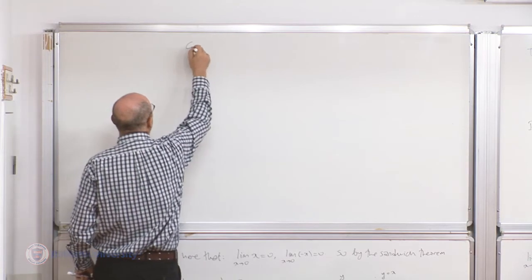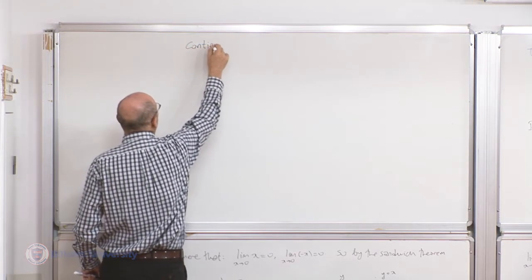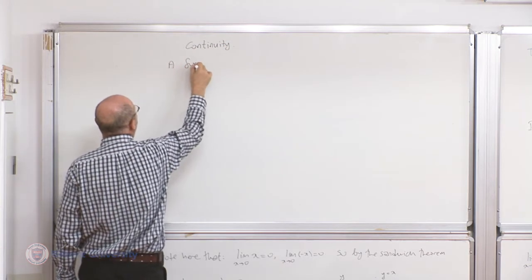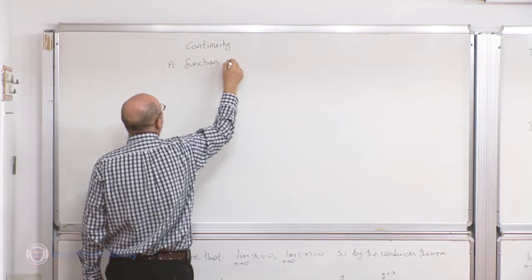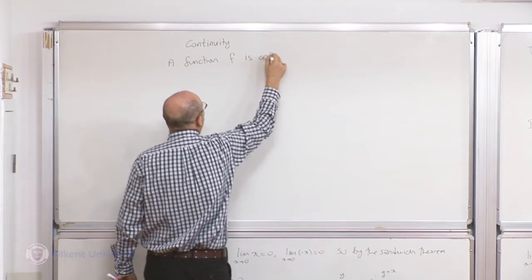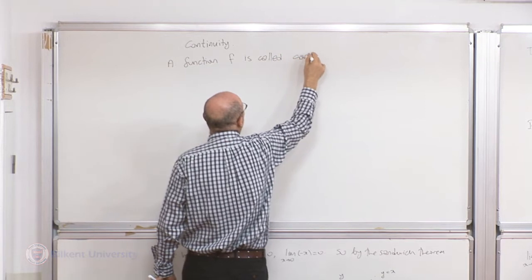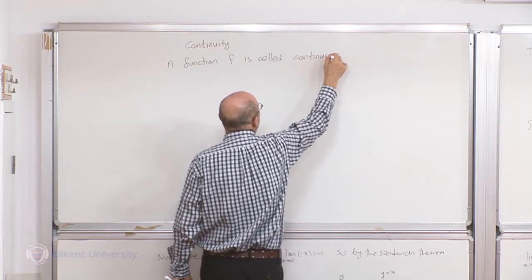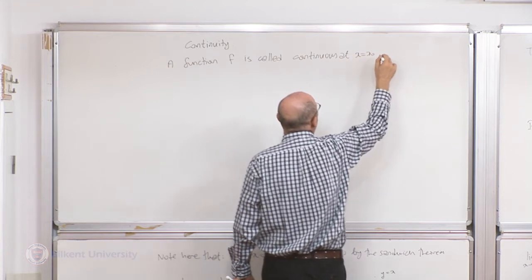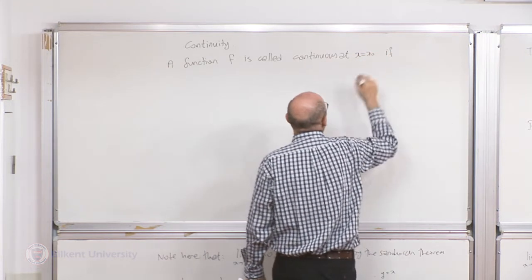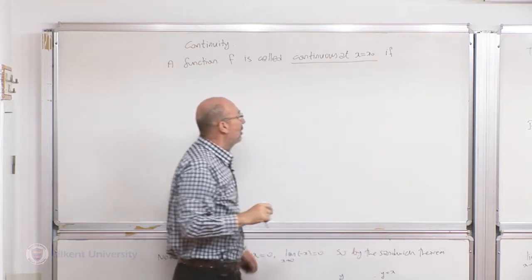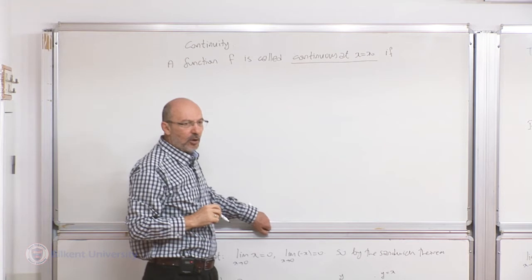Okay, so continuous functions. A function f is called continuous at x equals x sub 0 if, so the definition is this, both the word continuous and the point enter.